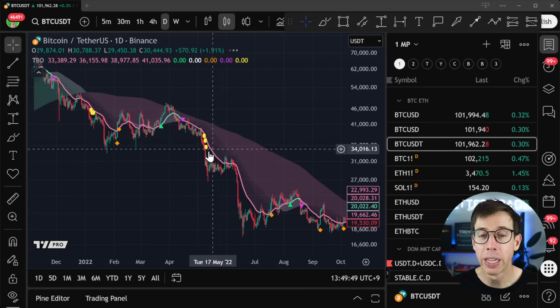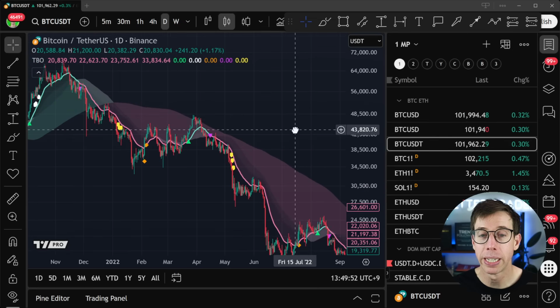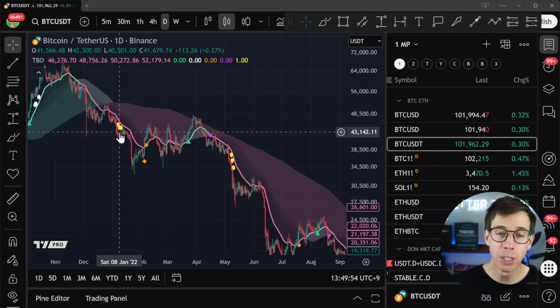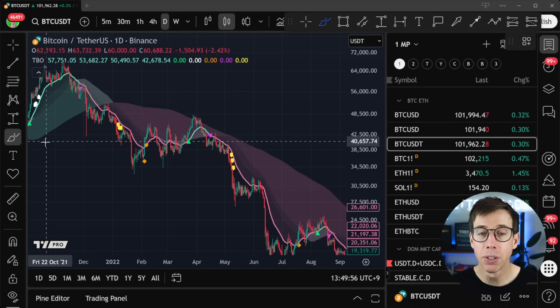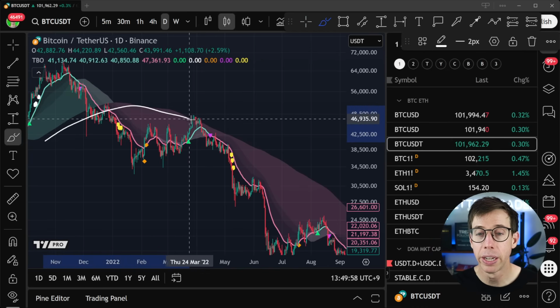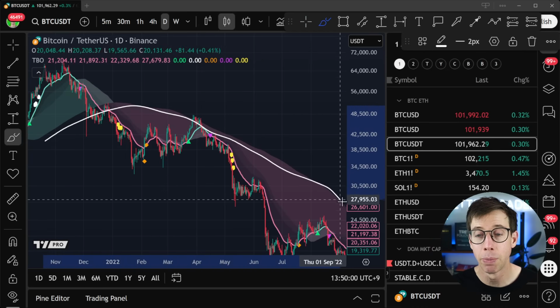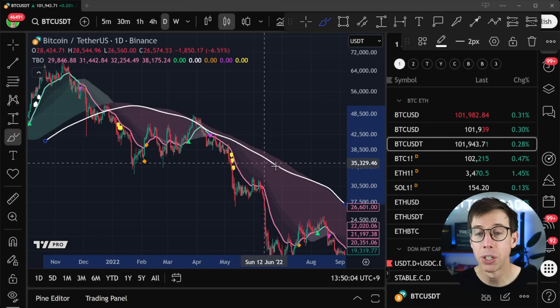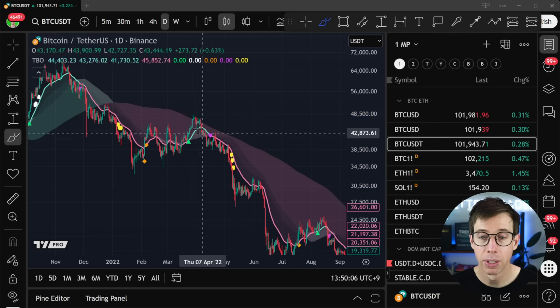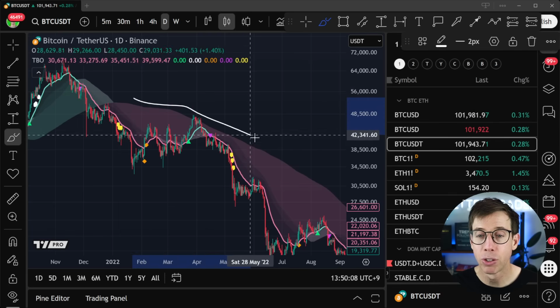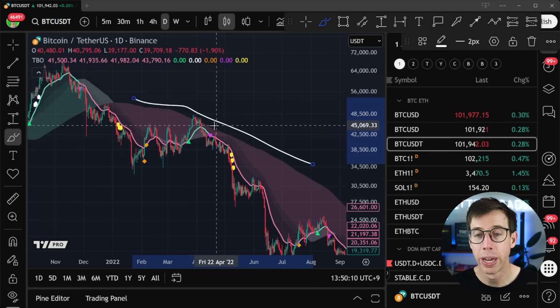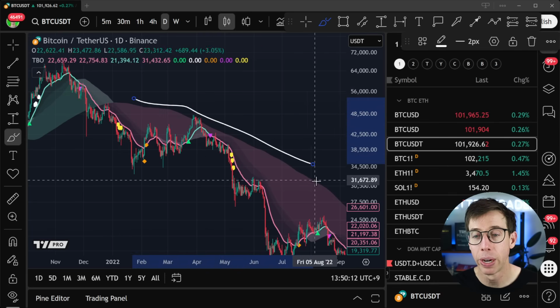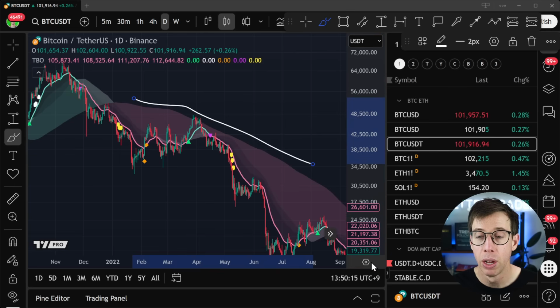But this is where the indicator starts to really put everything together. Having the symbols is great, but being conscious and aware of the slow line here, which I reference a lot in my daily market update videos, helps us determine how much we should be paying attention to all these signals. For instance, if I know that we have a strong macro bearish trend, meaning that this slow line is pointing down, it's the slowest of the 4 moving averages.